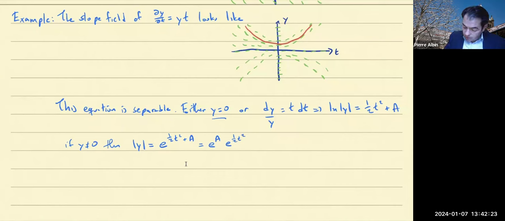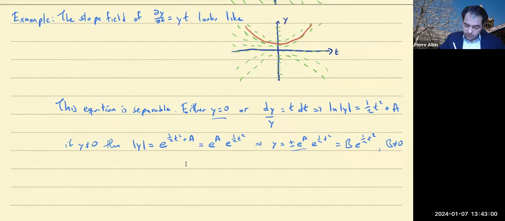And then y is equal to plus or minus e to the a, e to the 1/2 t squared, right? And then we could call this constant b. So this would be b e to the 1/2 t squared. And here b is arbitrary but not equal to 0, right? Because it came from plus or minus an exponential, and an exponential is never equal to 0.